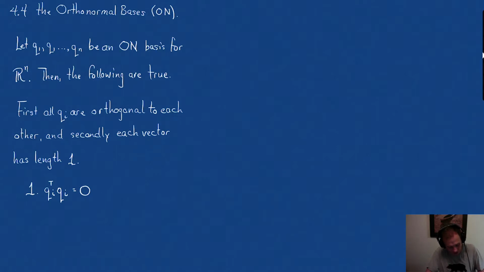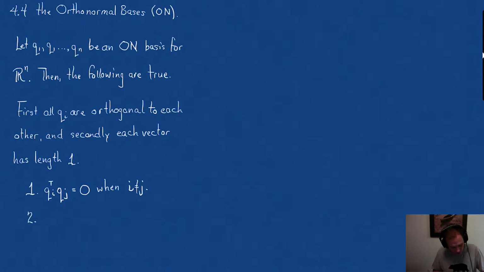Oops, that really should be Qi transpose Qj. Let's fix that. It equals 0 when i and j are different letters, and we'll see that too.